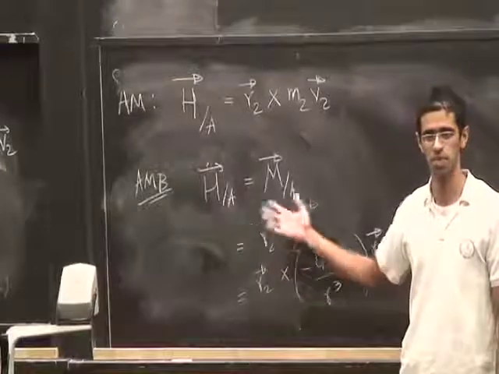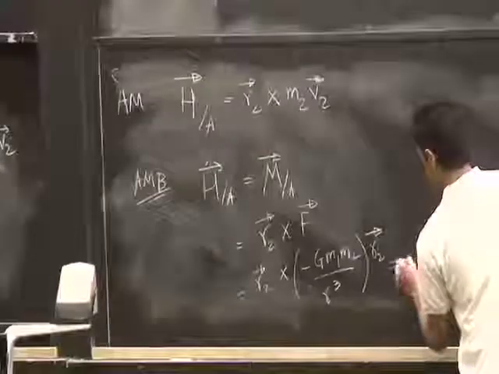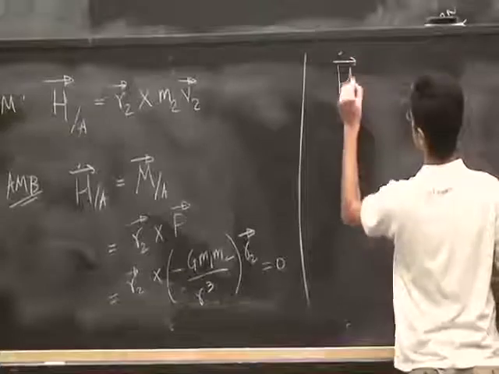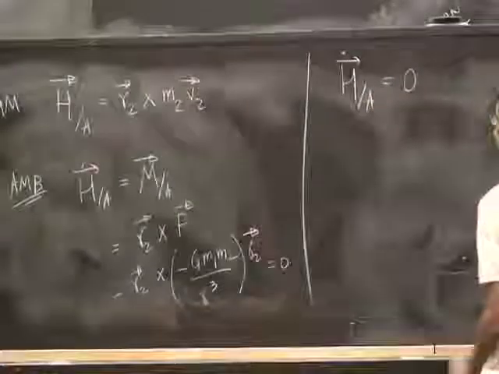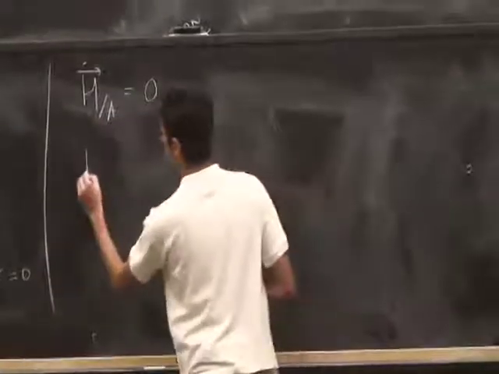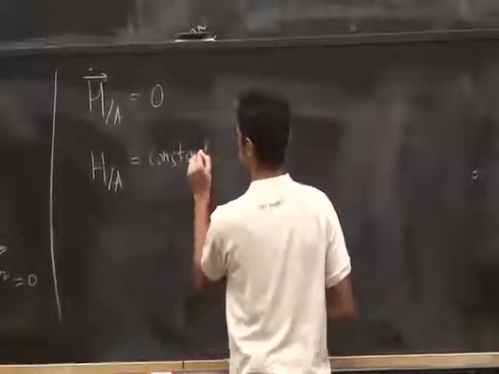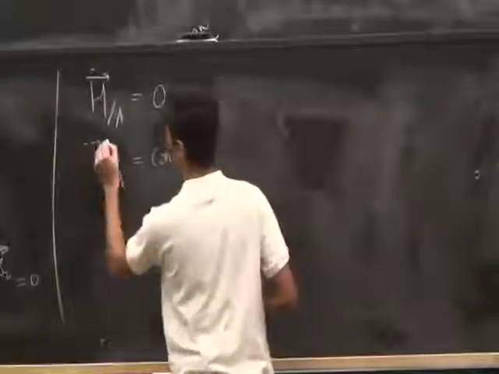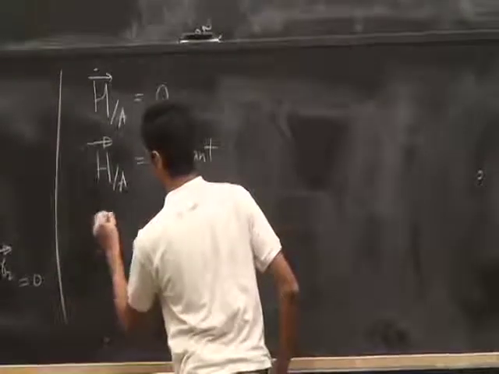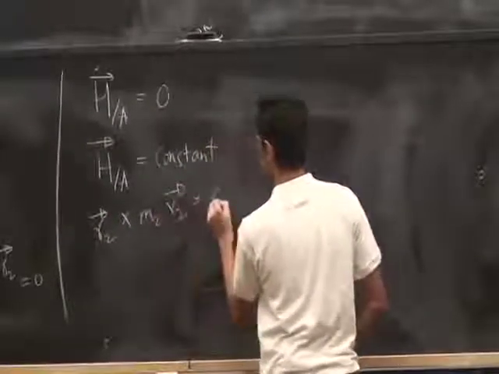R2 cross R2 is just 0, right? So this is 0, which means that H dot A is 0. If H dot A is 0, that means H of A is a constant, which means that R2 crossed with M2 V2 is a constant.